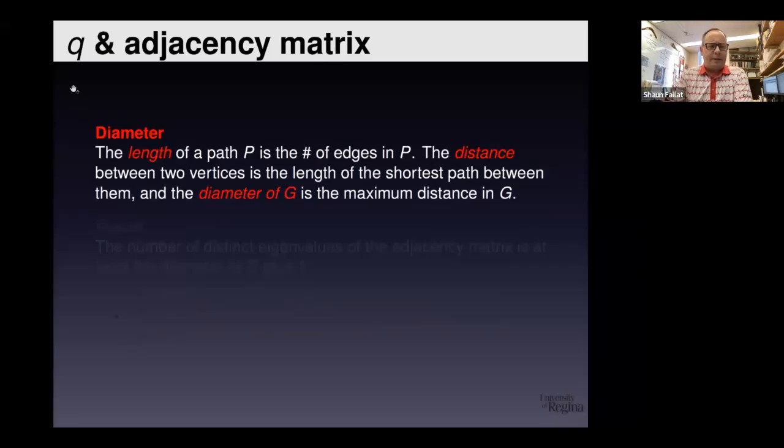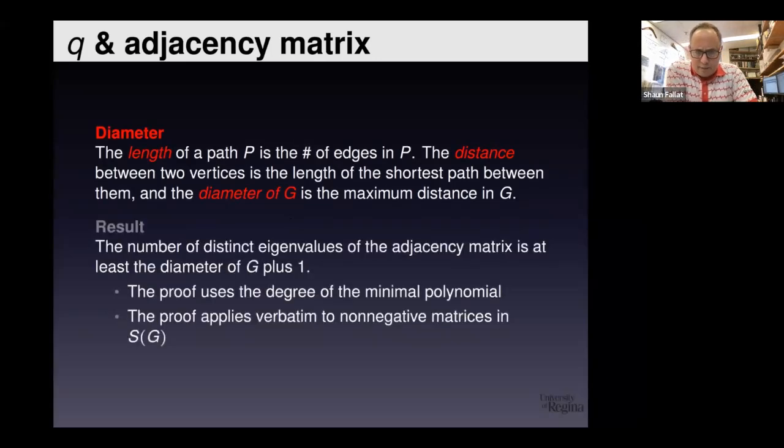Now, if you've studied the adjacency matrix at some point in a course, or read any book on basic combinatorial matrix theory, one of the things that pops up right away is that you can determine a bound on the number of distinct eigenvalues of the adjacency matrix in terms of the diameter. The classical statement is that the number of distinct eigenvalues of the adjacency matrix is at least the diameter plus 1.